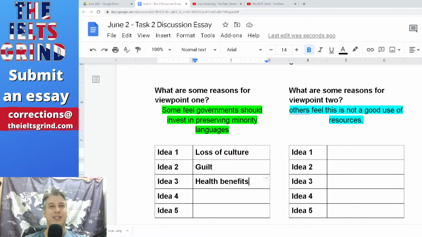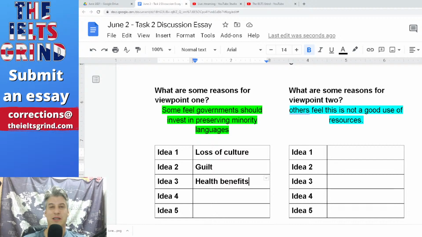The connection is, in some languages they have traditions of healing people, and they have a lot of knowledge about how to heal people with herbs, with plants, and that information is within the language, within the people that speak that language. And if we lose people that speak the language, we lose all of that knowledge. But I'm concentrating on health there, really.